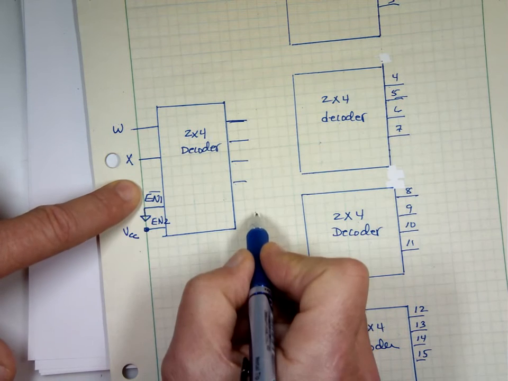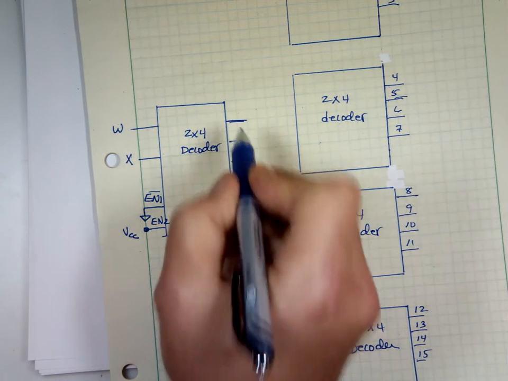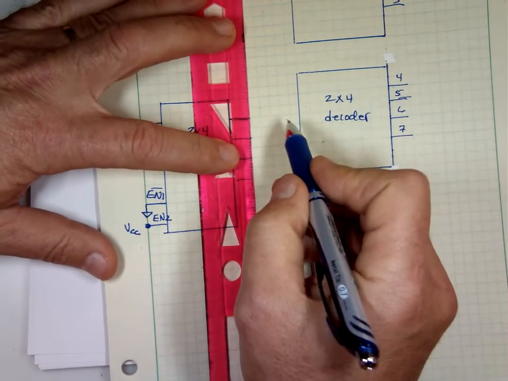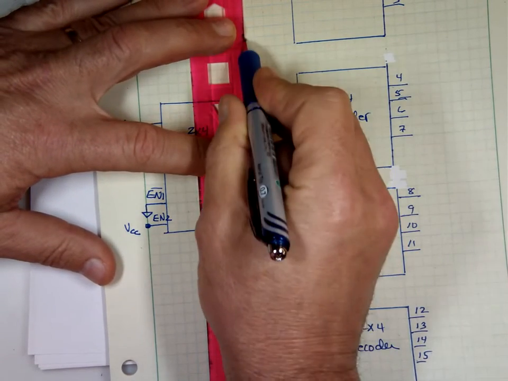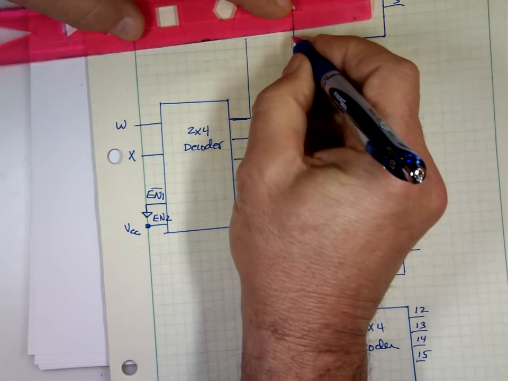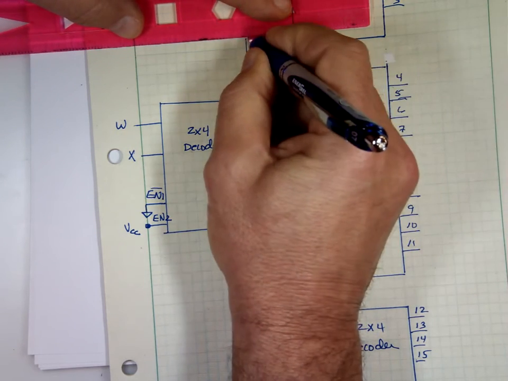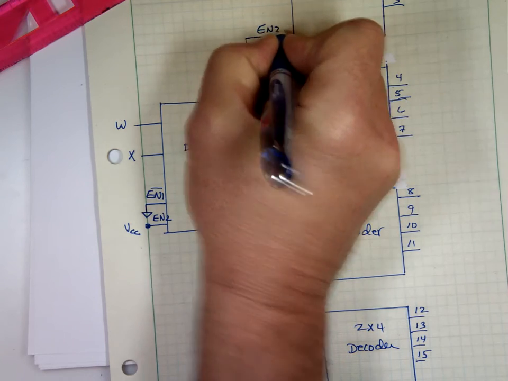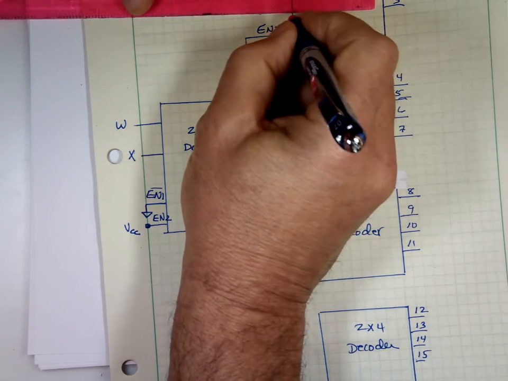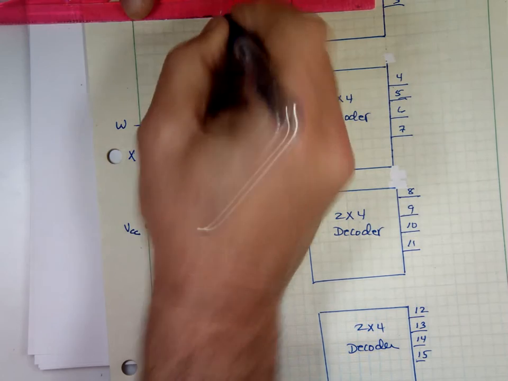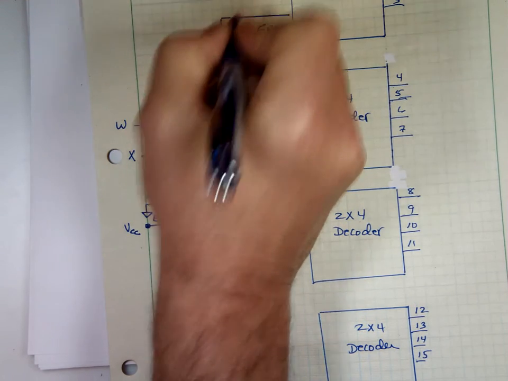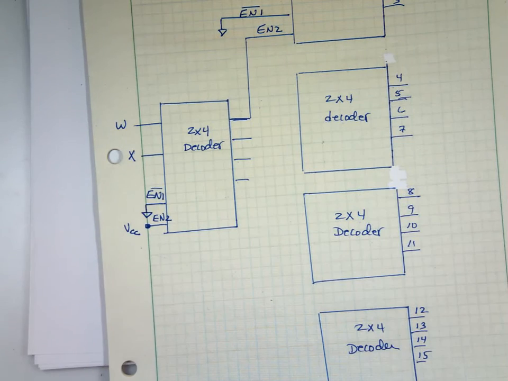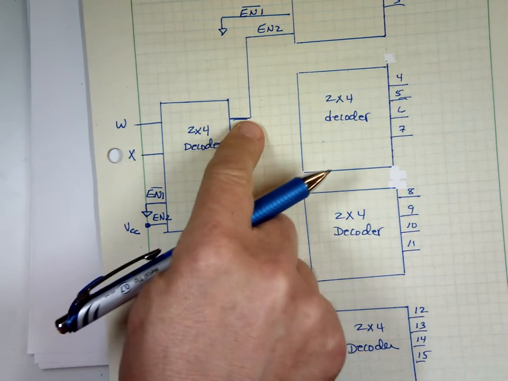So since this is high, this is actually going to be my enable for the other gate. That's enable 2 for this gate. And I'm going to make sure enable 1 is always low for this, because it has to be a 0 for it to be on. So when you put 0, 0, this is high, and that is going to force this one to be on.